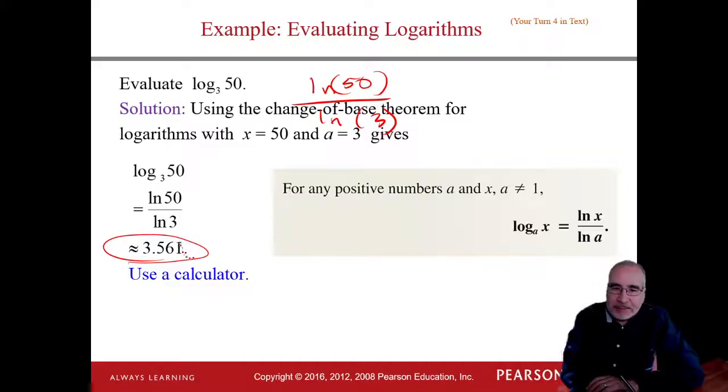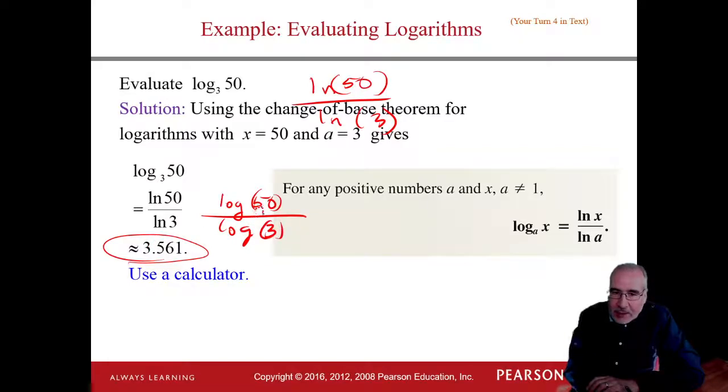We could have used log base 10, so that would have been log of 50 over log of 3. We would have ended up at the same answer. The numerator and denominator would each have been different, but the result would have been the same.